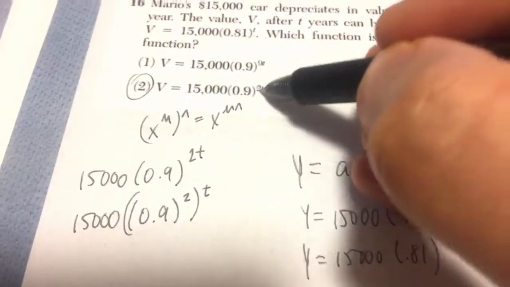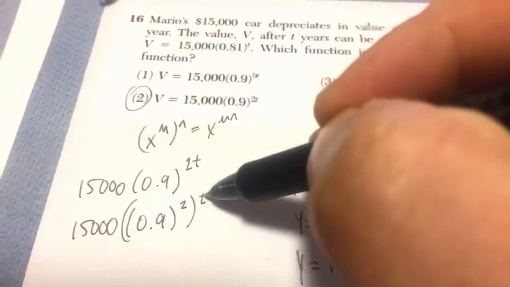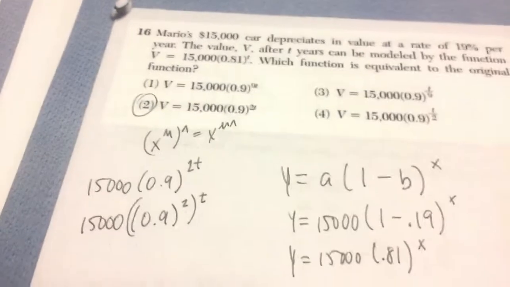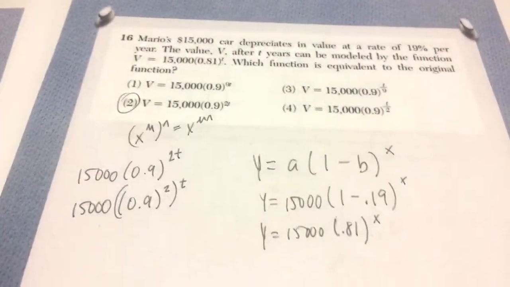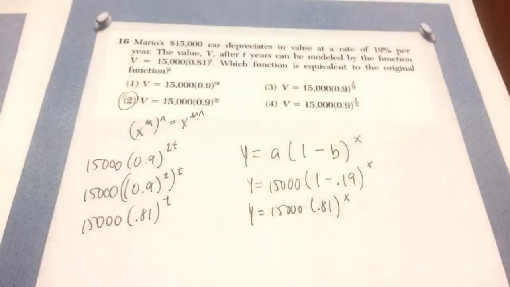So if I'm multiplying, I can go backwards and say squared and then to the t power. Now, inside this parentheses, I perform the order of operations, and I do 0.9 squared, and I get 0.81. So this is how those two are equivalent.